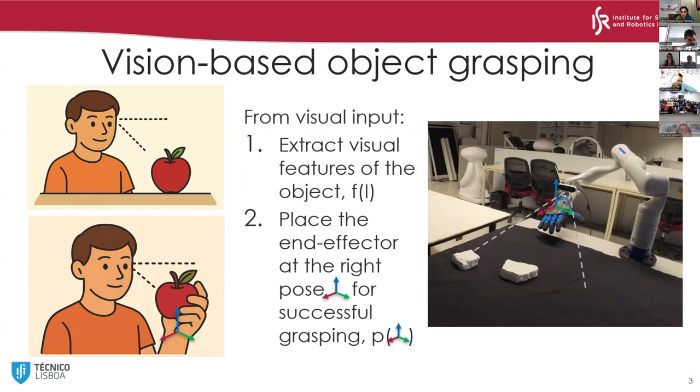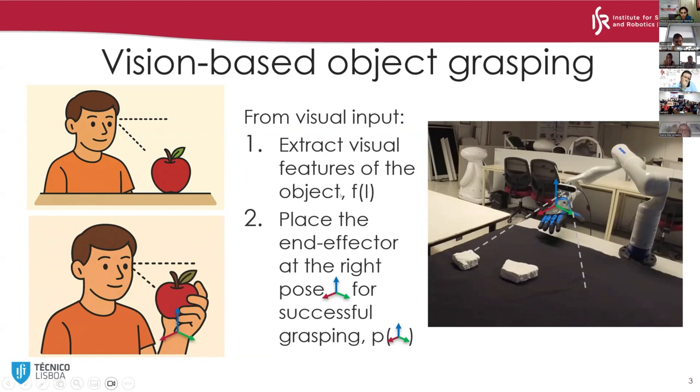To do that, we usually execute two steps. The first one is to extract those visual features using just the camera, in this case the camera of the robot and our eyes, and we extract some shape information of the object that would be fundamental to have successful grasping. That is the first step.